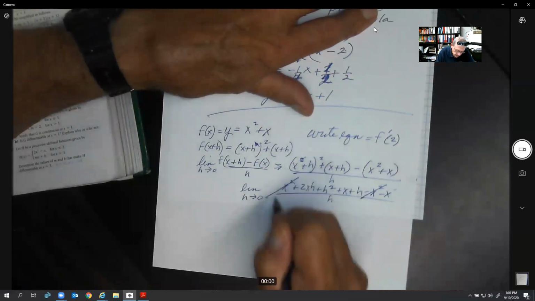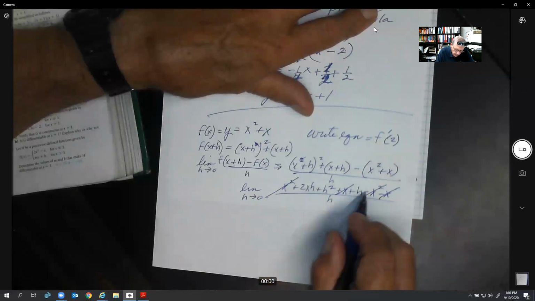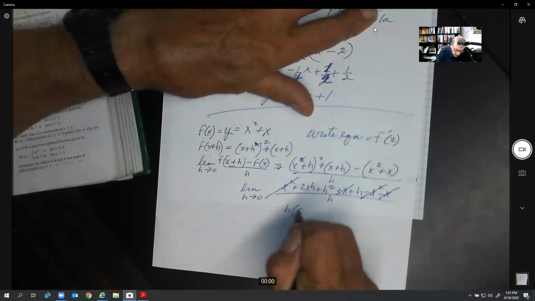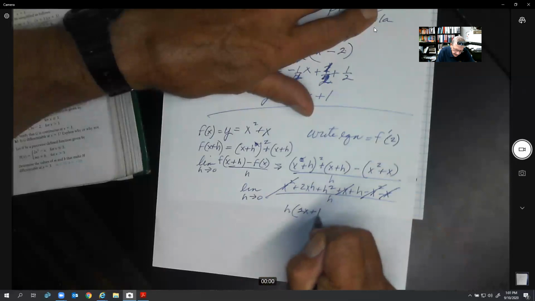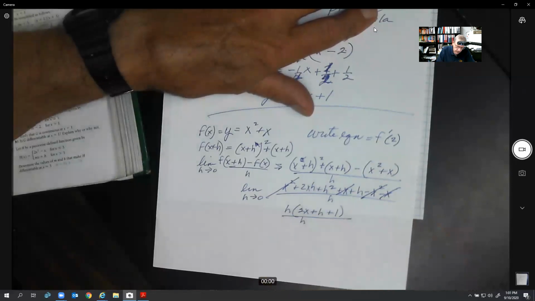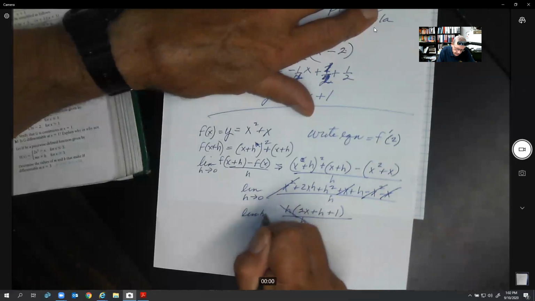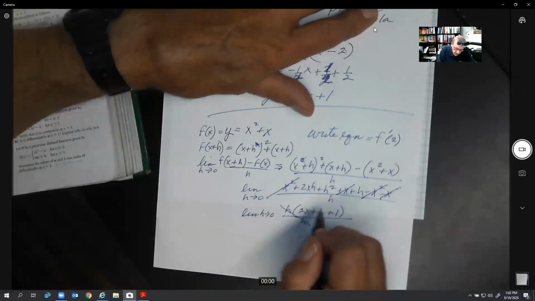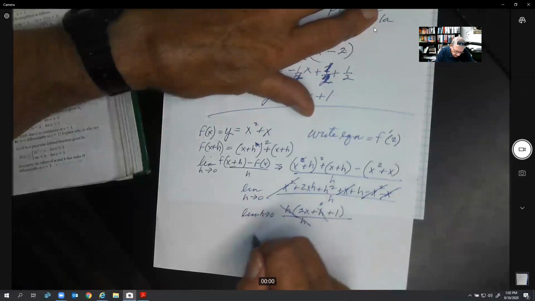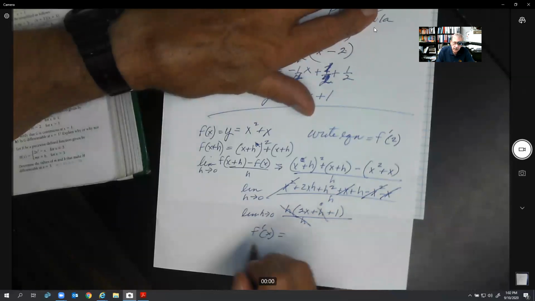X squared cancels out x squared, and x cancels out minus x. So we're going to factor out an h: h times 2x plus h plus 1 over h. If I factor out the h, the h cancels. Now we're going to take the limit as h approaches 0, and this h right here becomes 0. So now our first derivative of this function is 2x plus 1.